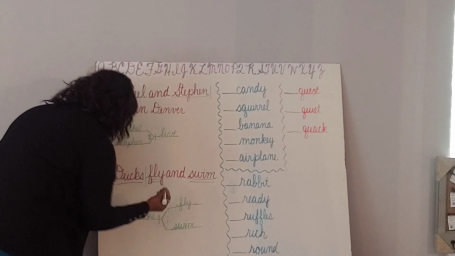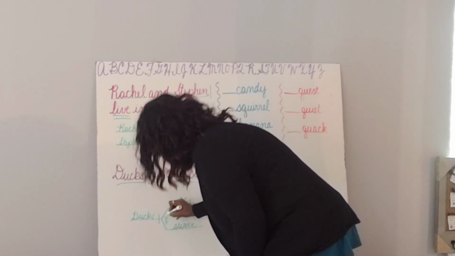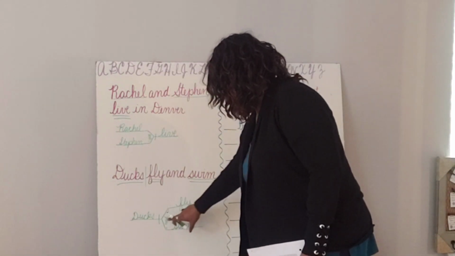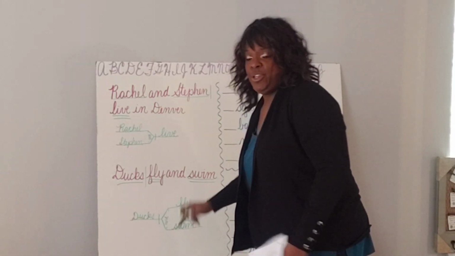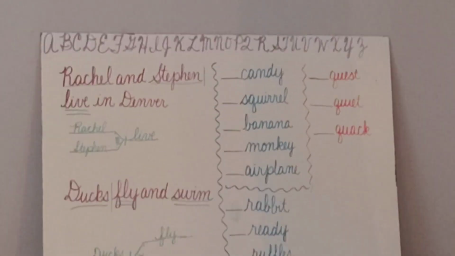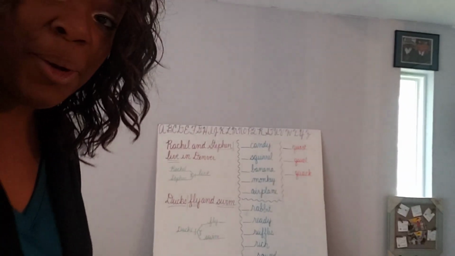Oops, I didn't even finish our verb side, because now I have to write our conjunction and in between, okay? Ducks fly and swim. So just remember that our conjunction goes on that dotted line in the middle of those. So you can see that. I know you can see that, and you've seen it in your book. So that's an easy thing to review and remember.